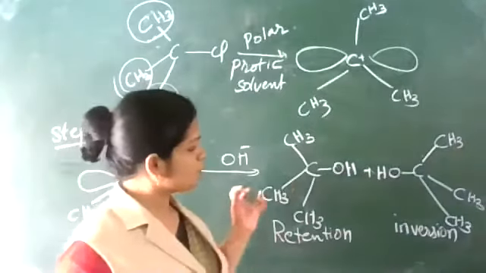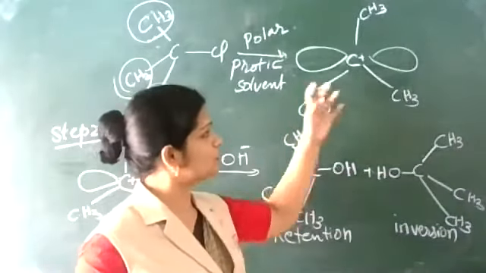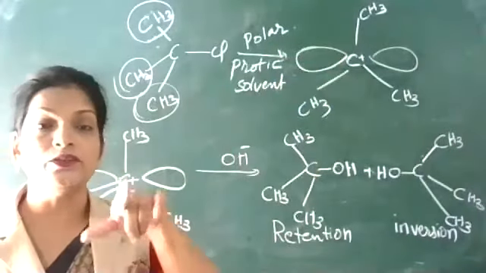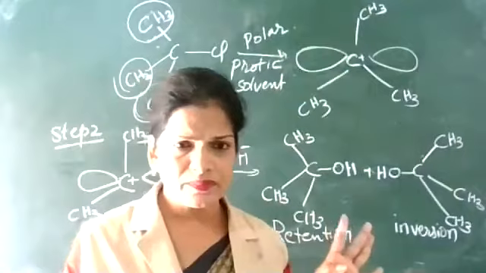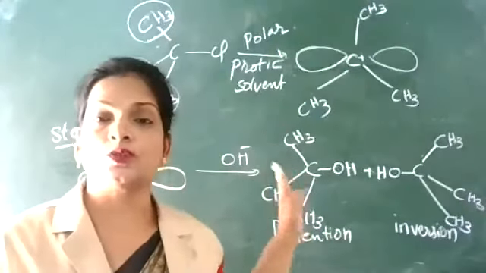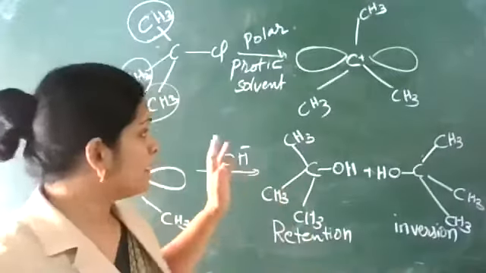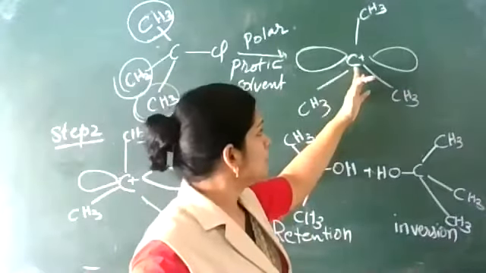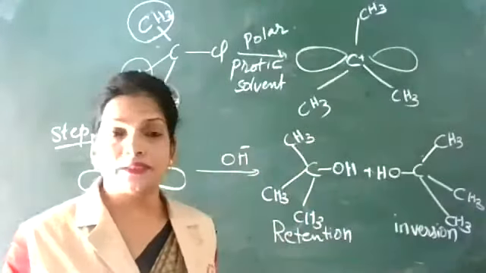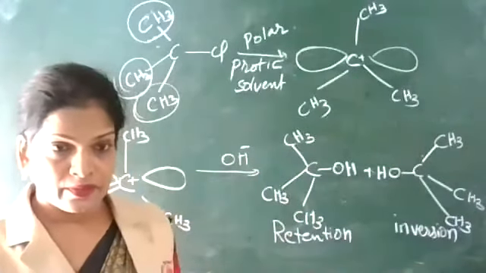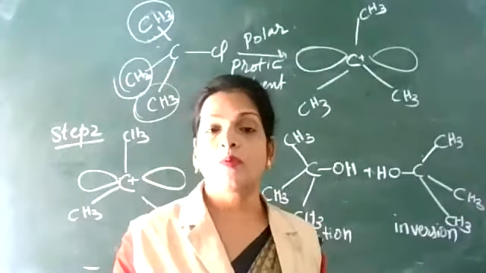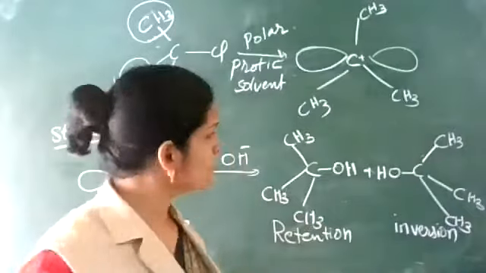That means the electron pushing effect of CH3. CH3 is an electron donating group. By donating electrons to the C plus, the lifetime of C plus is increased, which means the stability of the carbocation is increased.